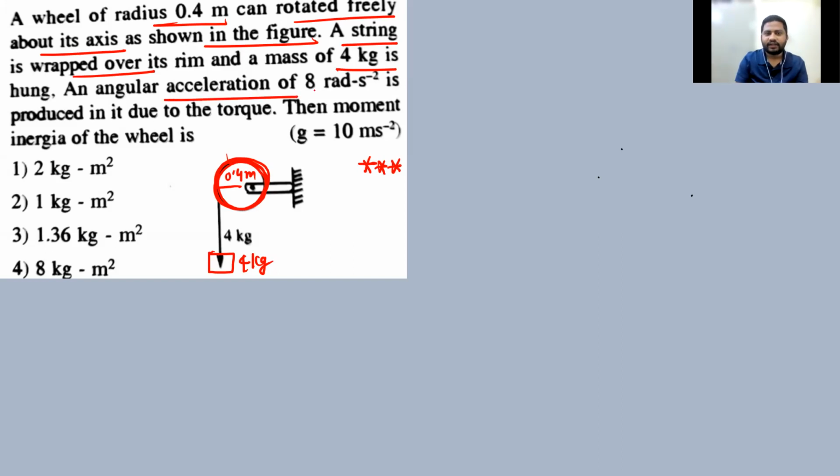An angular acceleration of 8 radian per second square is given, the radius of the wheel is 0.4 meter, and the moment of inertia of the disc is always mr square by 2. Now the moment of inertia of the wheel we should find out.